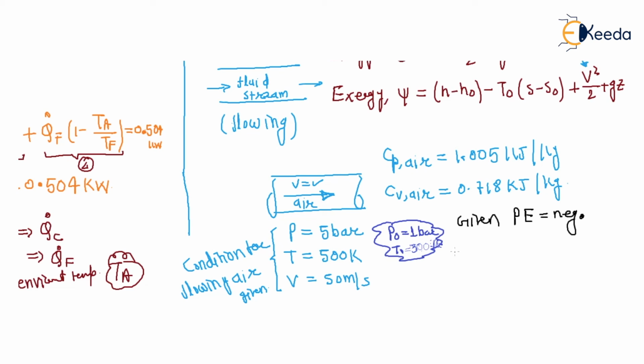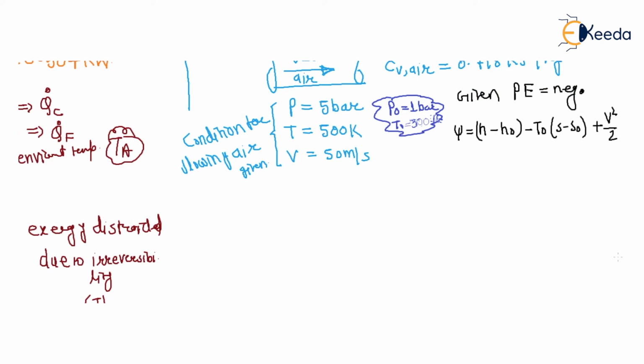So we know that the exergy is H minus H naught minus T naught (S minus S naught), plus V square by 2. First, how to calculate the change in enthalpy?